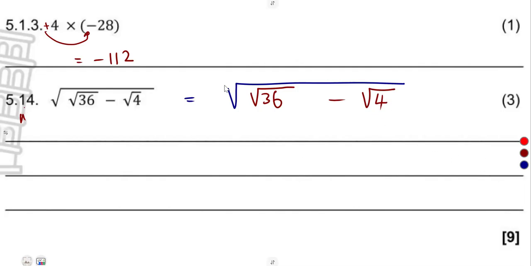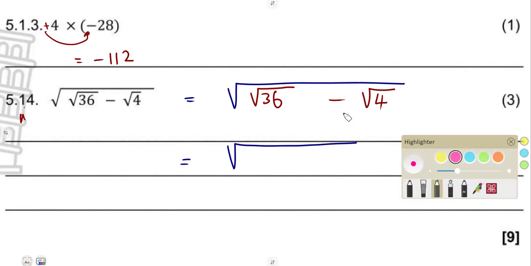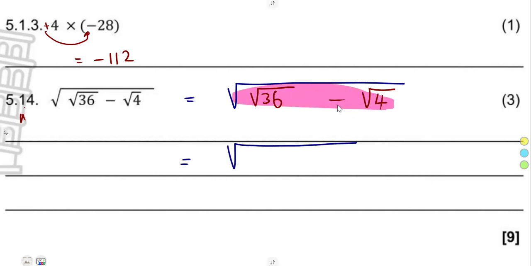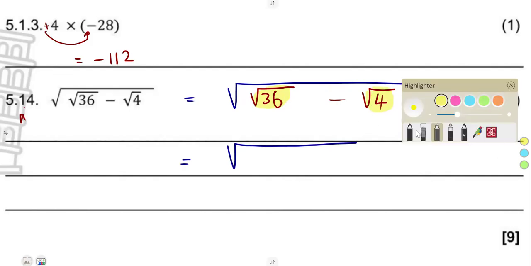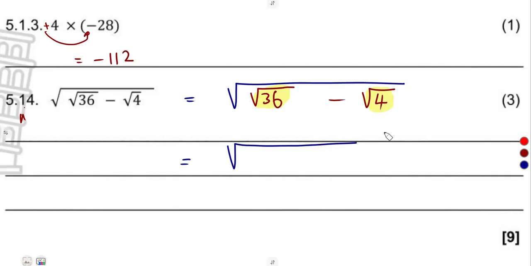So we are going to ignore the outer square root and simplify the inner part, what we have inside of that. Meaning to say the square root of 36, the square root of 4. We simplify that on its own. So what are we going to have? What is the square root of 36? The square root of 36, the number that multiplies itself to give us 36 is 6.